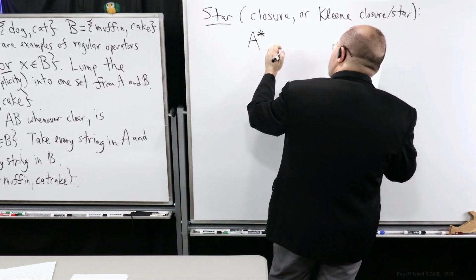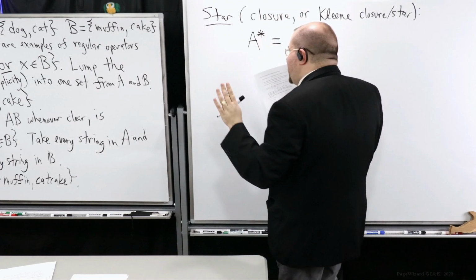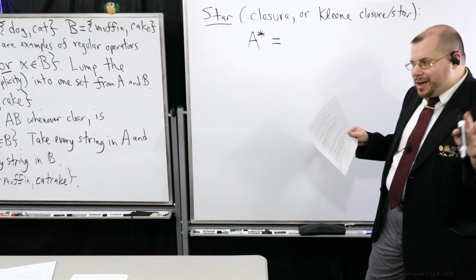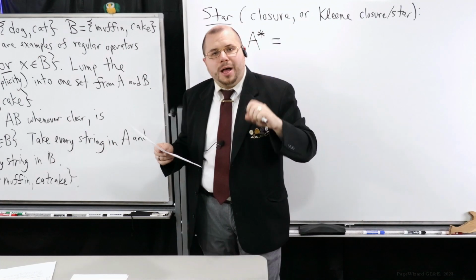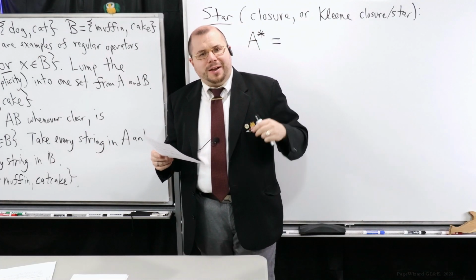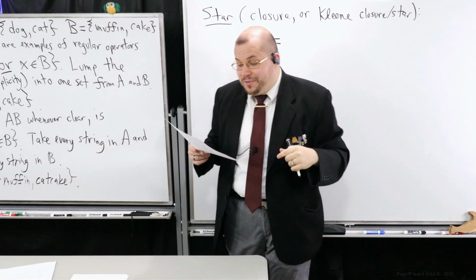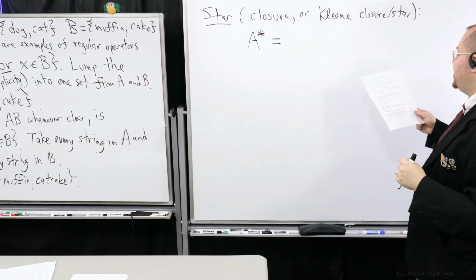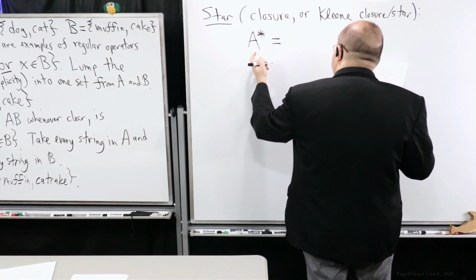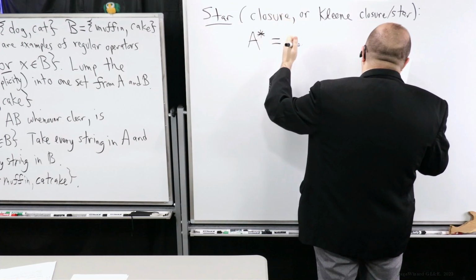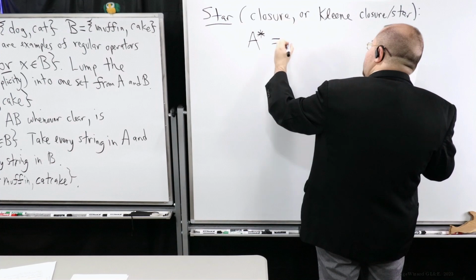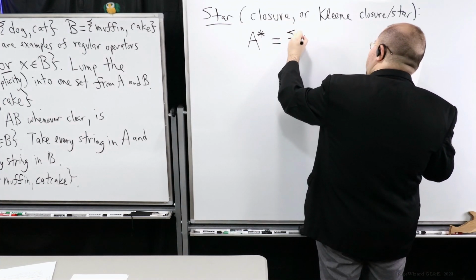So we know the star operator, but you'll notice that I'm going to have to define it now for any language. So it's something you apply to a language. So I have the language A. It's almost like you raise it to an exponent. We talked actually about this before, but now I'm going to use star on any language at this stage. Previously we talked about it with an alphabet.